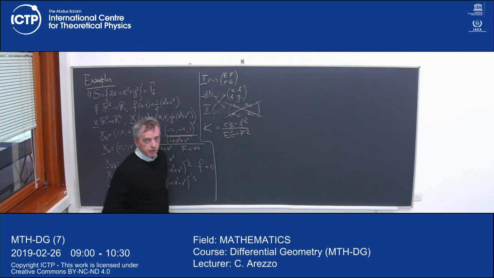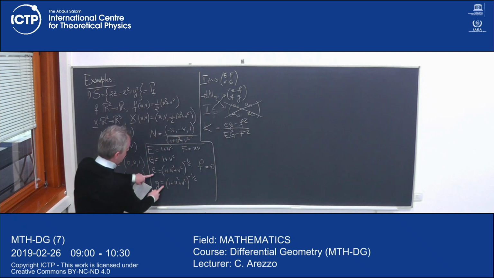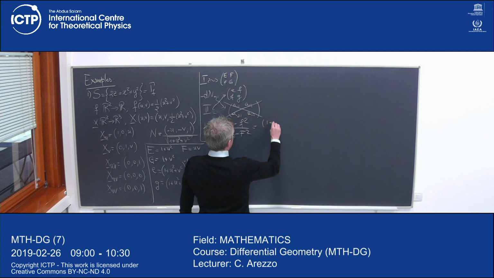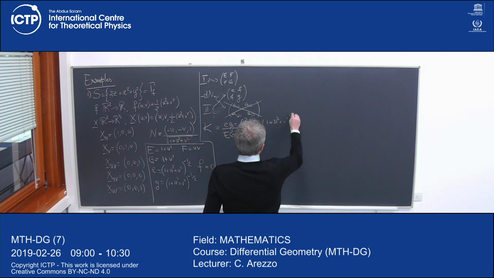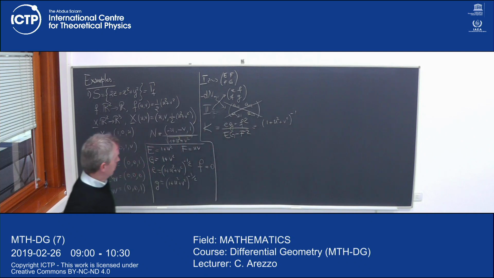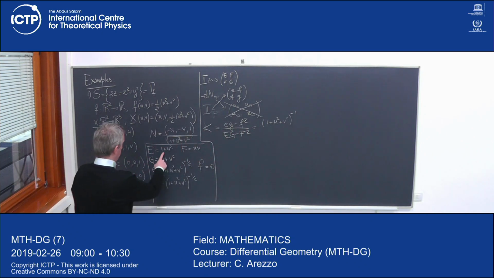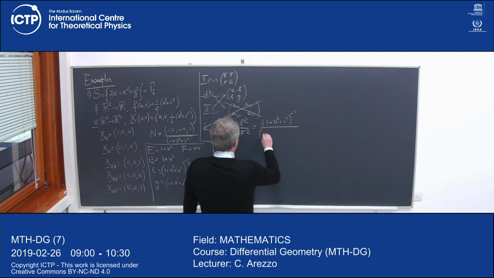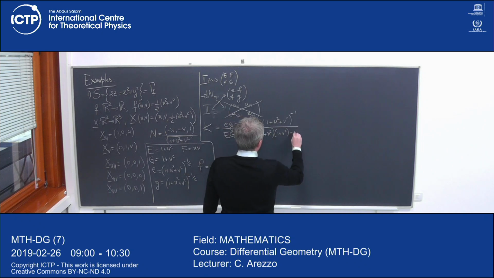So this is the magic formula, and now it's eg minus f squared, so it's 1 plus u squared plus v squared to the minus 1, divided by eg minus f squared, which is 1 plus u squared times 1 plus v squared minus u squared v squared.